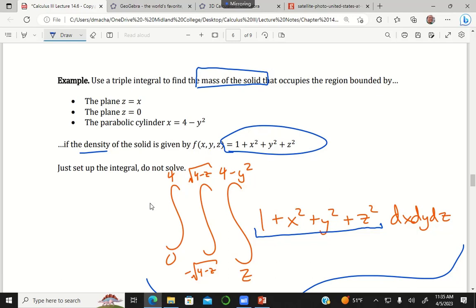And so if this is a mass density, it would be something like kilogram per meter cubed. So if I tell you the density in kilogram per meter cubed is 1 plus the x coordinate squared plus the y coordinate squared plus the z coordinate squared, then obviously every point in the solid might have a different mass density. But if I take the integral of the density function over the whole 3D space, this integral is going to give me the total mass of that solid. Does that make sense? Okay.